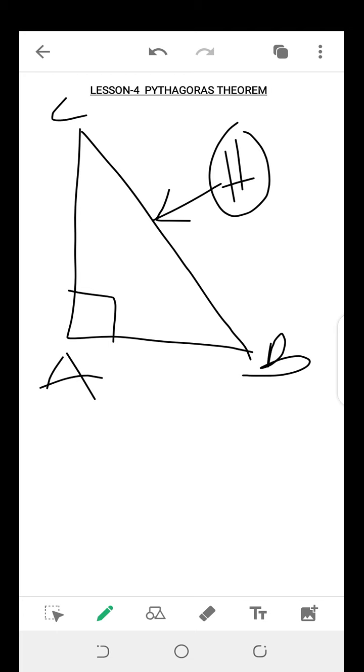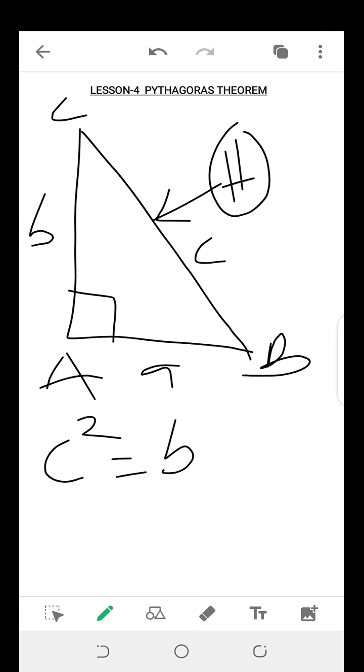So from this diagram drawn, let's say this is B, and then this is C, and this is A. Pythagoras theorem says that when we square the hypotenuse, it should be equal to when we add the square of B and A.